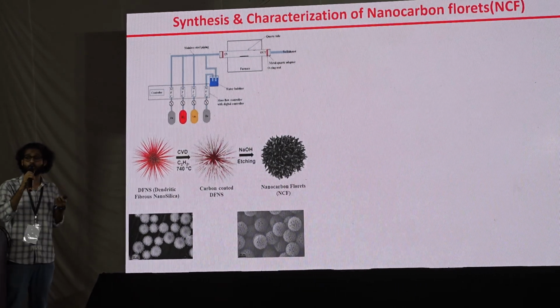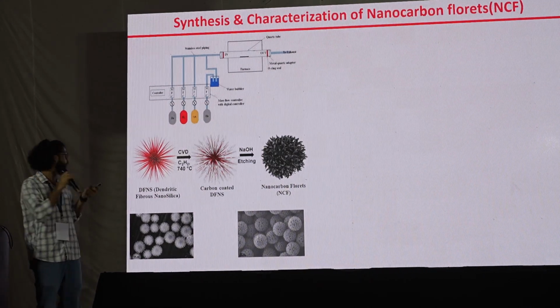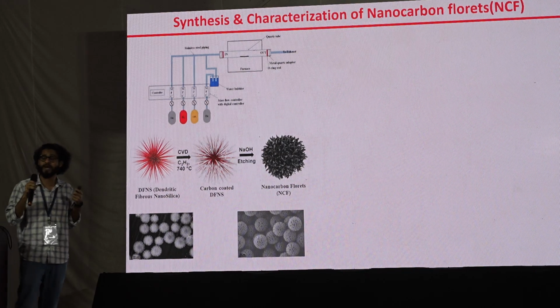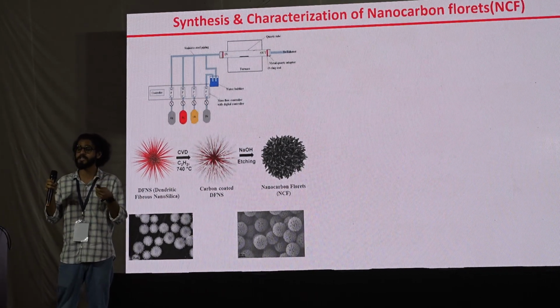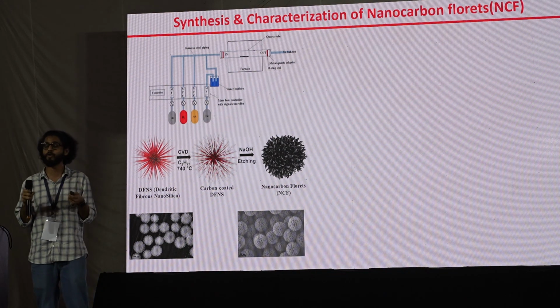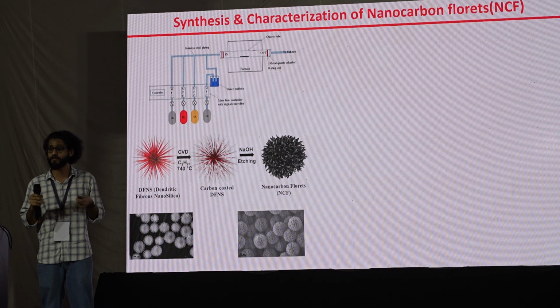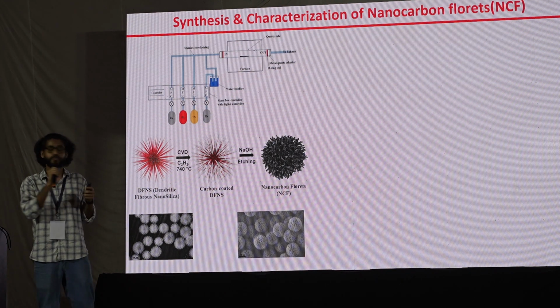The high porosity and high thermal stability of silica is exploited in the CVD process. At high temperature, we pass acetylene gas into the CVD chamber. The acetylene gas will undergo homolytic or heterolytic cleavage. As a result, the carbon particles will diffuse into the pores of the DFNS. So we end up with DFNS decorated with carbon particles.